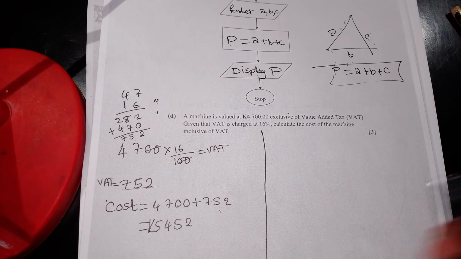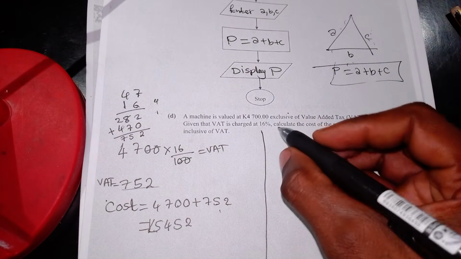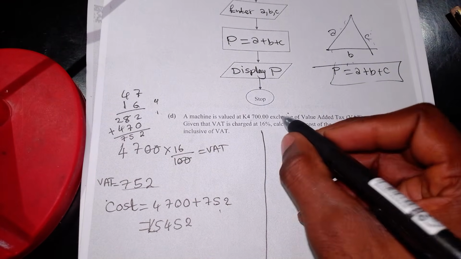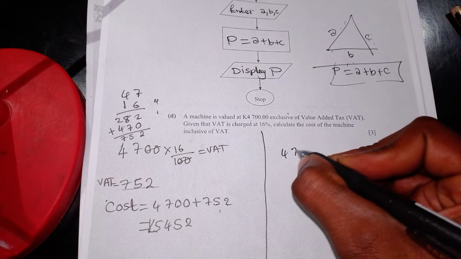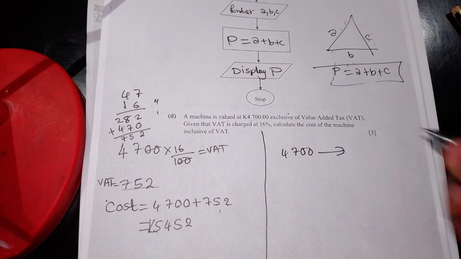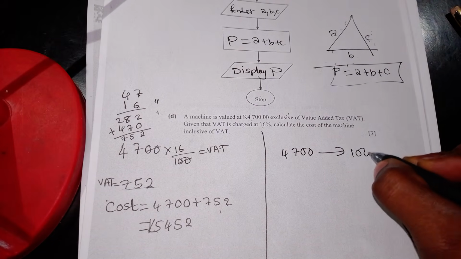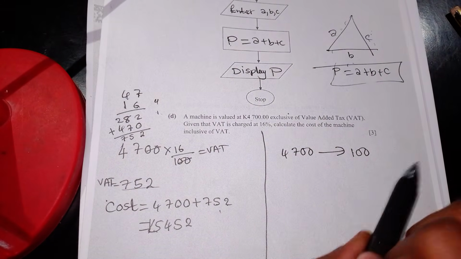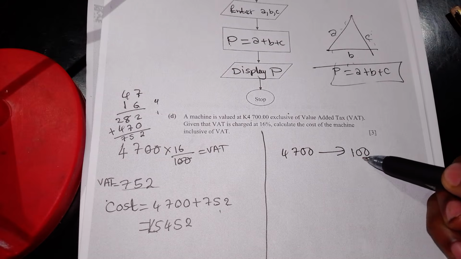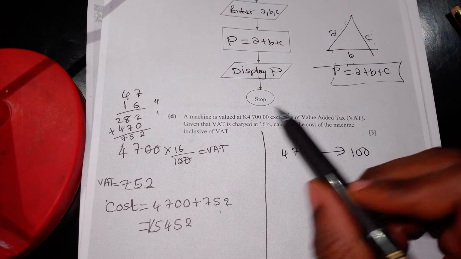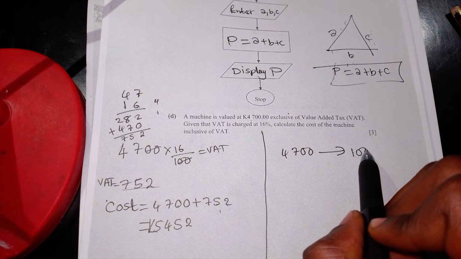An alternative method is to use proportions, where you say this amount is proportional to 100%, because this is like the pure amount. Nothing has been added and nothing has been subtracted, so you can treat it as 100%.